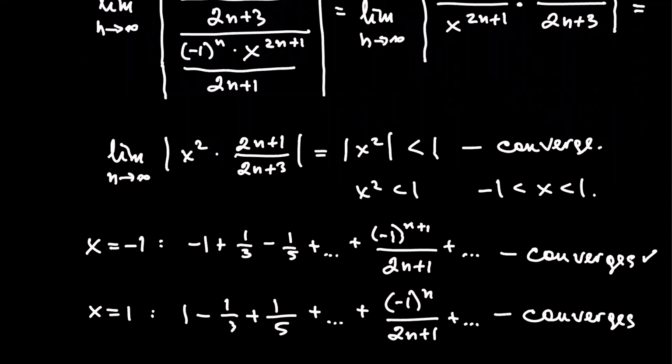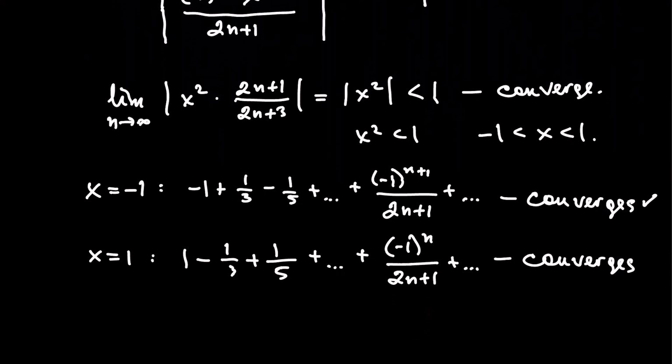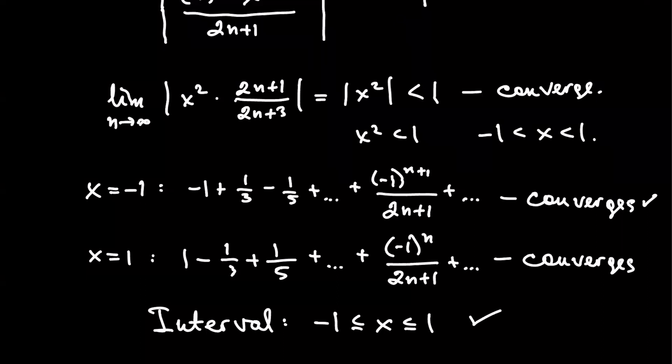So the interval of convergence includes both endpoints. So the interval here is negative 1 less than or equal to x less than or equal to 1. Let's move on to part B.